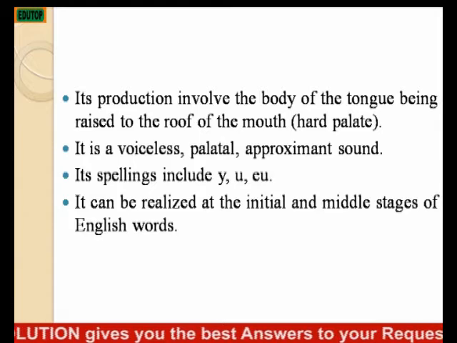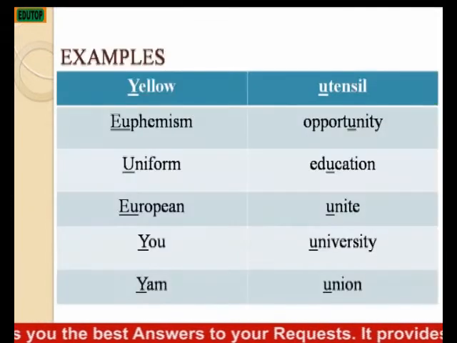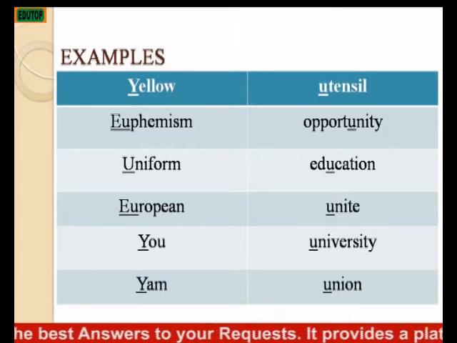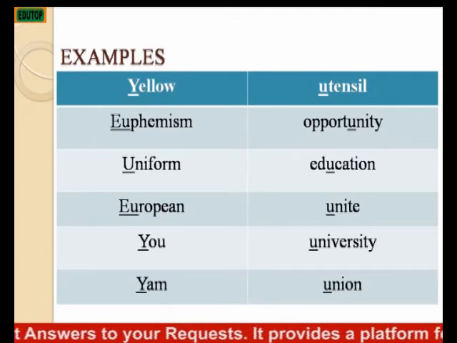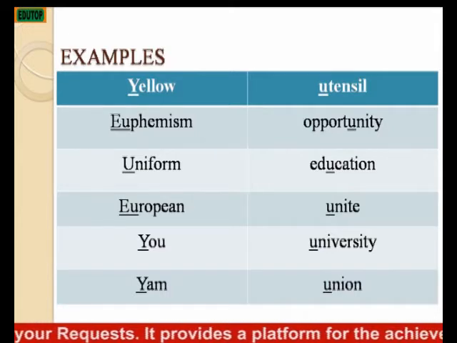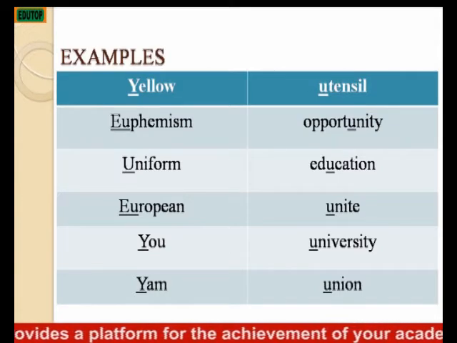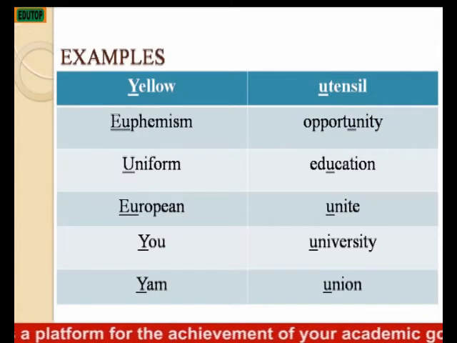It can be realized at the initial, middle, and final positions of English words. Examples: yellow, euphemism, uniform, European, yam, opportunity, education, unite, university, union.